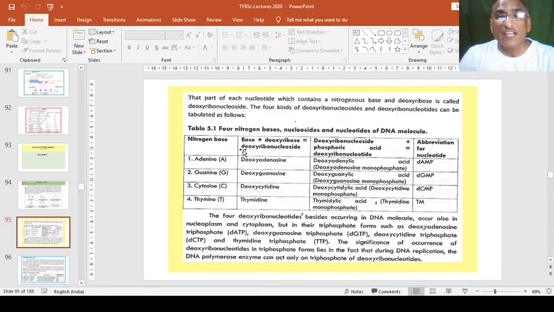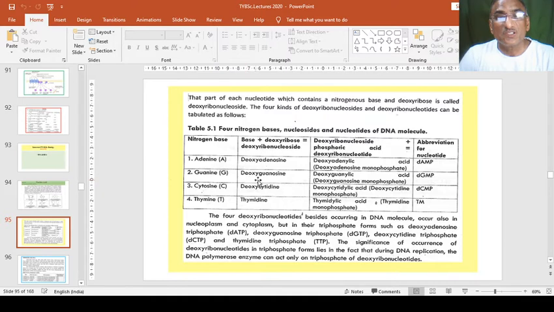Means if we add a phosphate to deoxyribonucleoside, it will be a deoxyribonucleotide. So the deoxyribonucleotide is formed here, and its abbreviation is dAMP, deoxyadenosine monophosphate. Second is guanine.